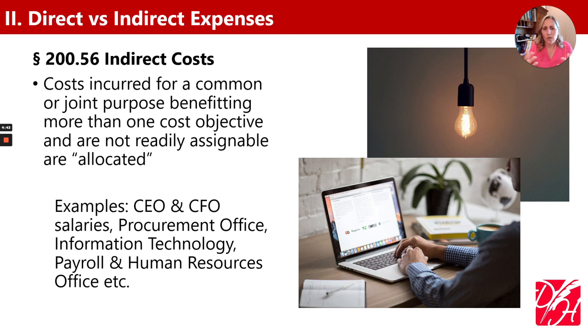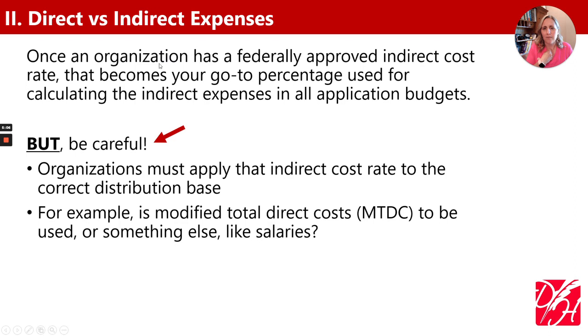Those roles, it's difficult to say that we are going to assign their time to just one specific project or program, or to take a specific portion of it for a project or program. They are required for the entire organization to operate. So those are the type of roles that will be included in indirect costs.